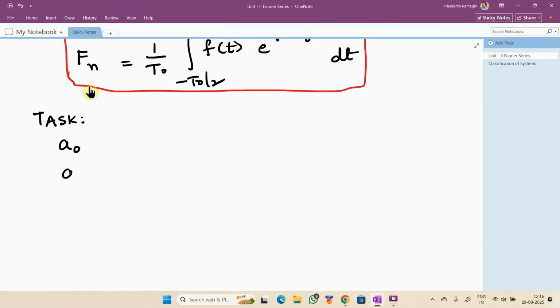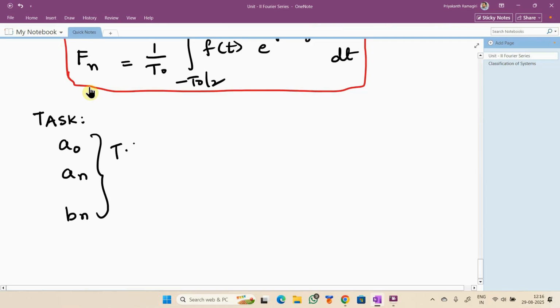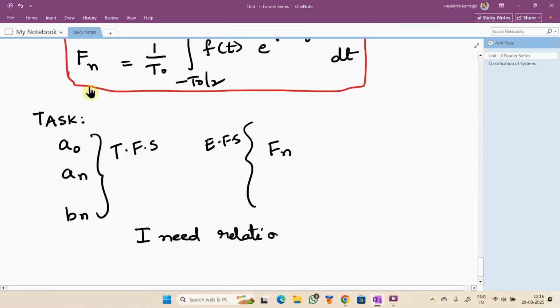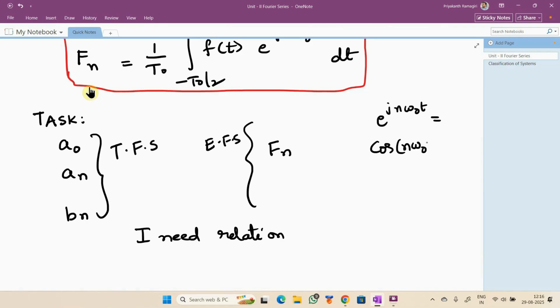You have a0, an and bn expressions in the case of trigonometric Fourier series. In the case of exponential Fourier series, you have fn. I need the relation between them, because e power of j n omega naught t, as per Euler's relation, can be represented as cos n omega naught t plus j sin n omega naught t.